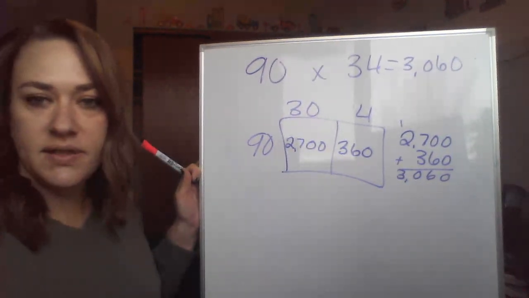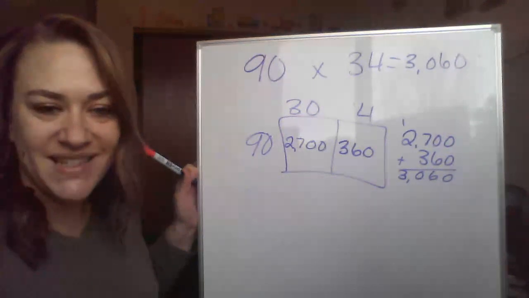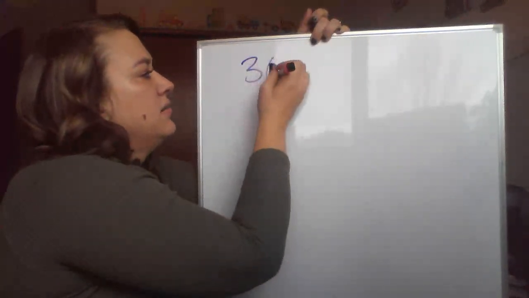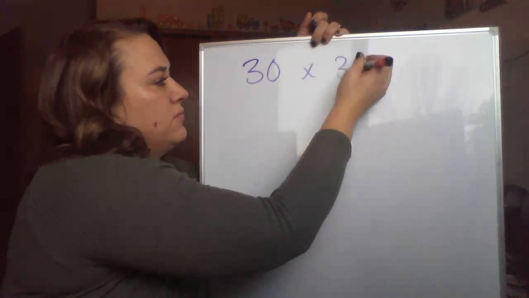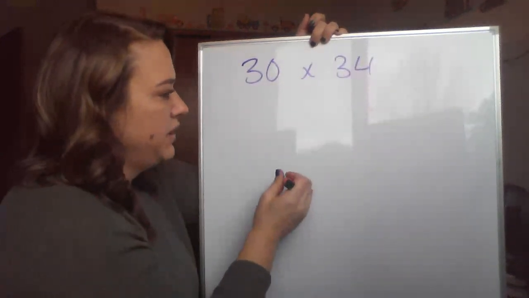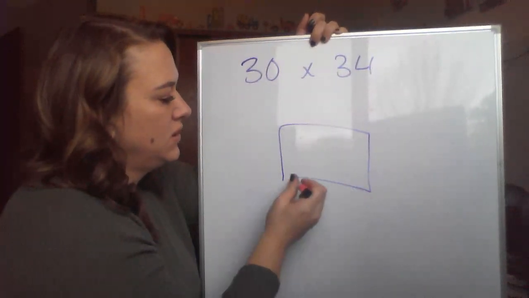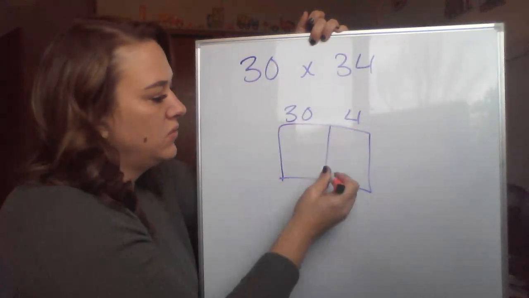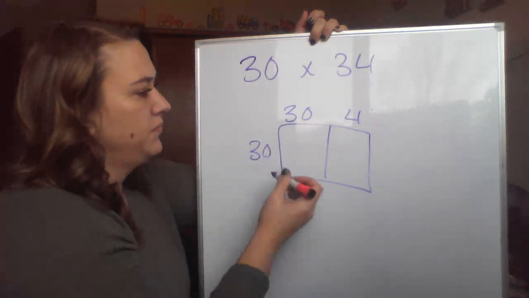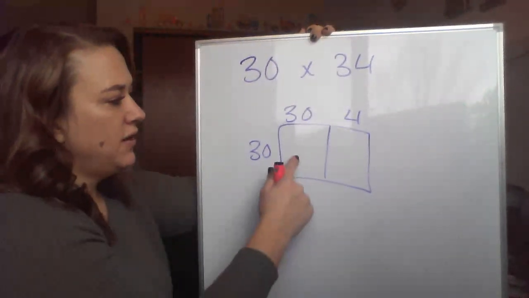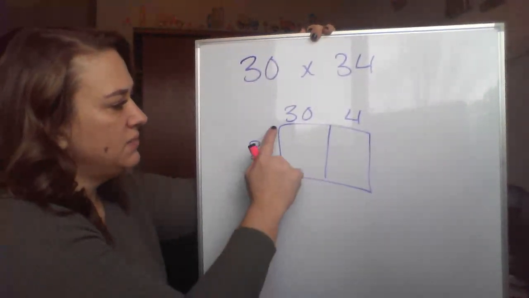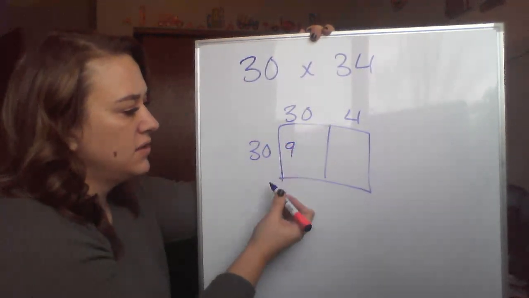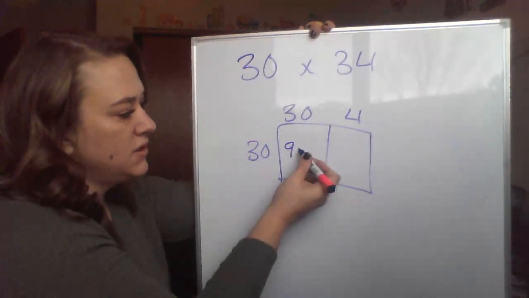All right, let's do another one. Practice, practice. All right, so let's do 30 times 34. So set up our area model. And partition off 34 times 30. Okay, so we need to find our area for each one. So 30 times 30, I'm going to take 3 times 3. I know is 9. I need 2 zeros.